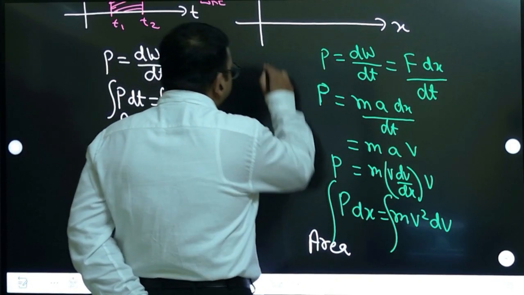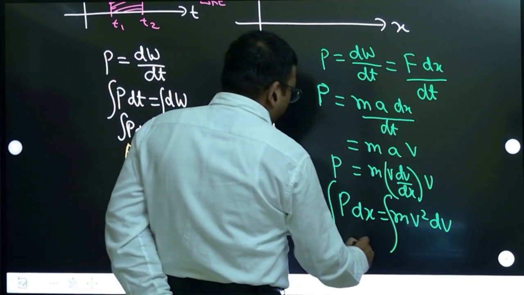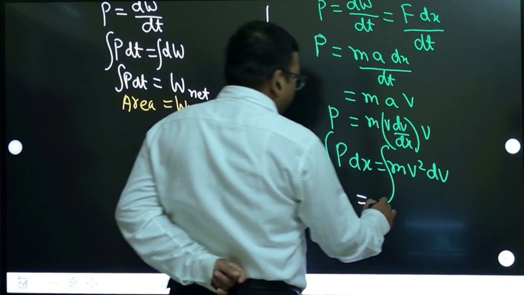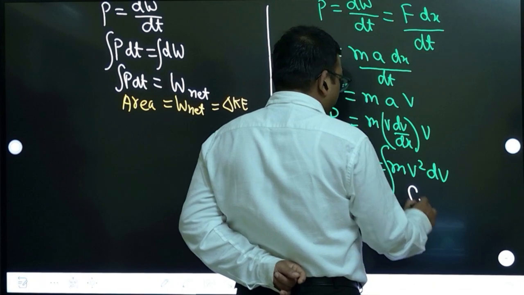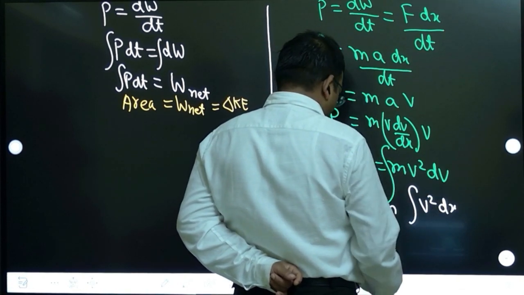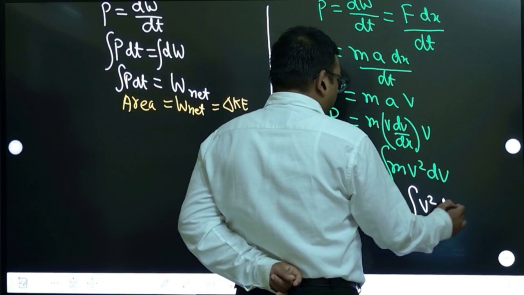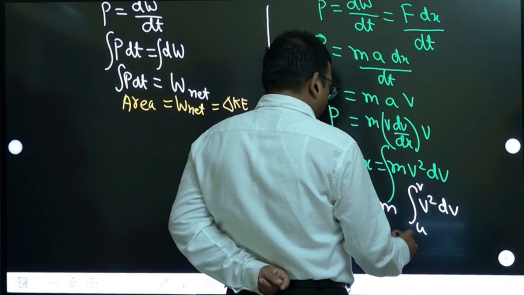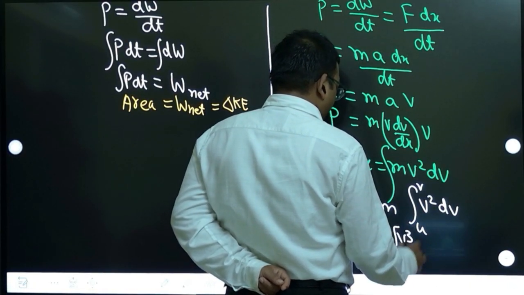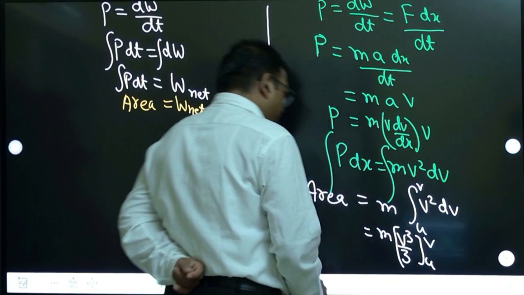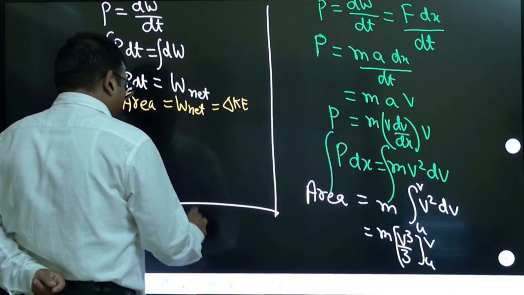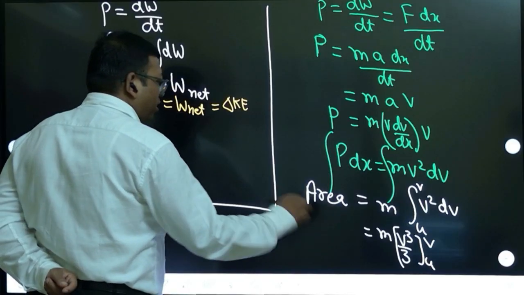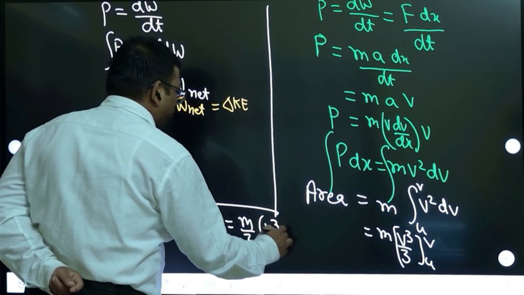This is a different area. Now on this side you do integration. The mass comes out, integration of v squared dv. Suppose velocity changes from u to v, then the integration of v squared is v cube by 3, with velocity going from u to v. So this area will give us m by 3, upper limit minus lower limit, v cube minus u cube.